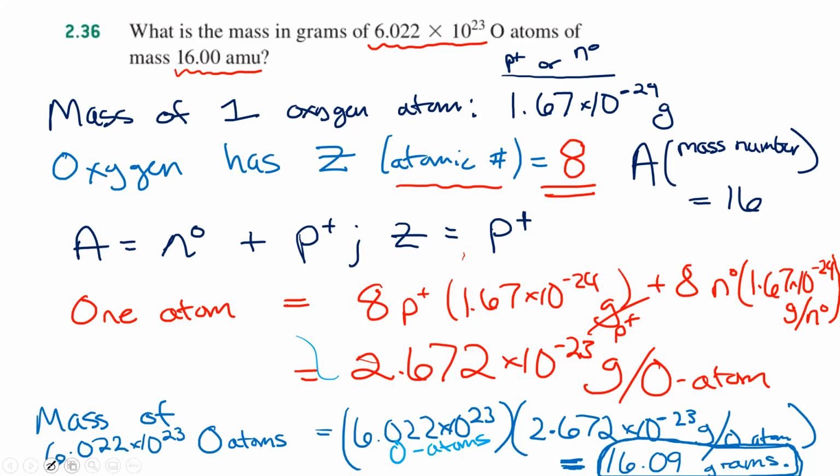Doing that multiplication, the units of oxygen atoms cancel, leaving behind mass of oxygen, and therefore I get 16.09 grams of oxygen.